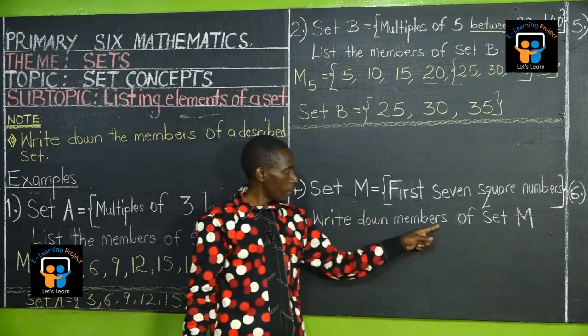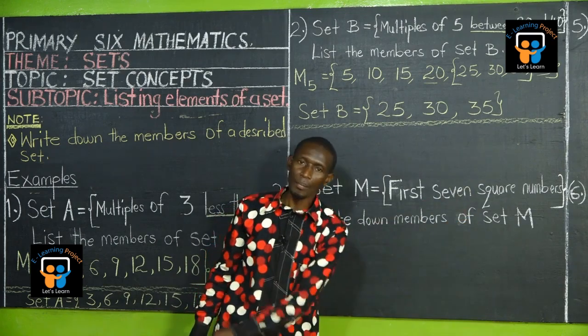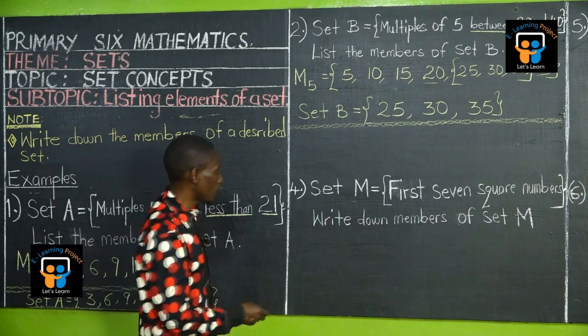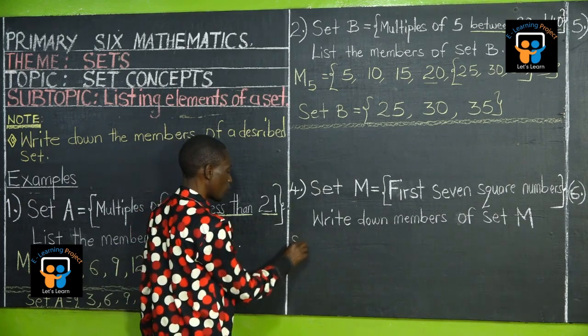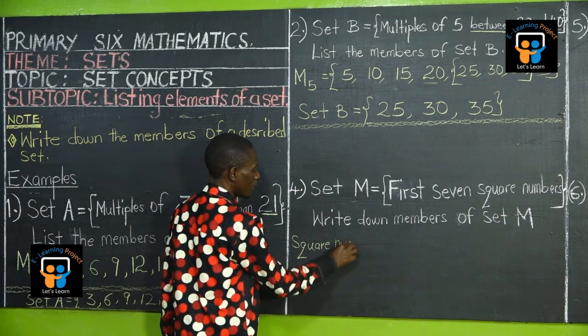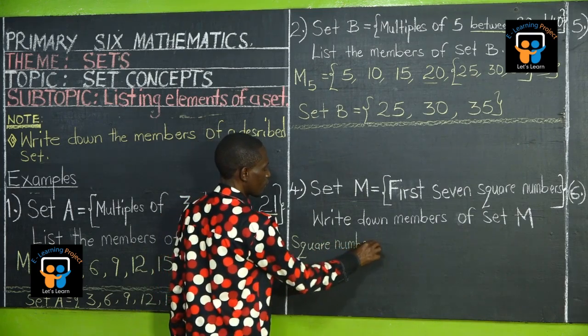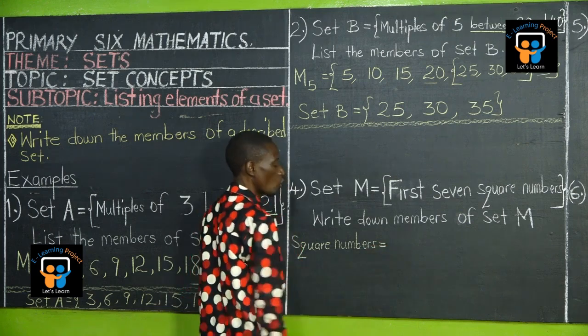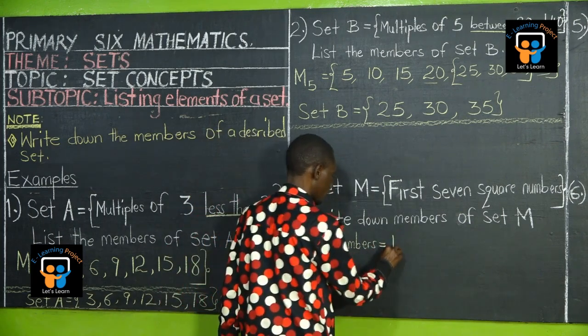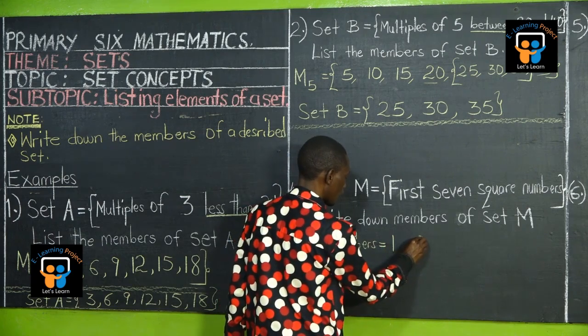Write down members of set M. Yes, so let's write the first square numbers. You are going to square 1 and you will square 2.